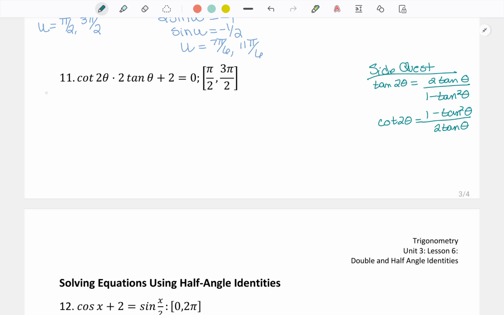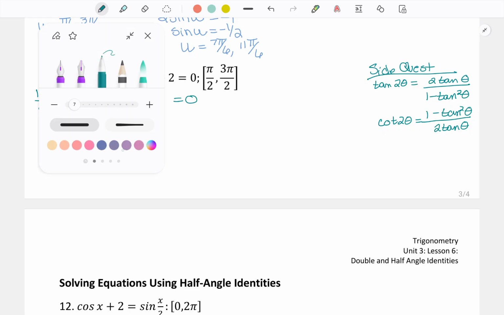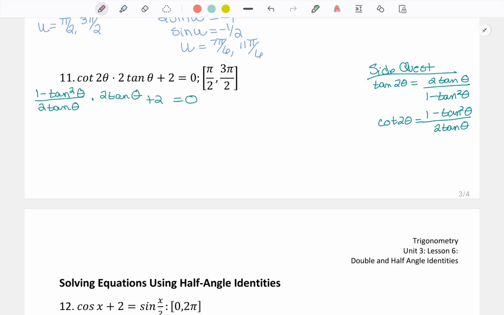So we are actually going to use that because it's just the reciprocal. So we're going to have 1 minus tangent squared theta over 2 tangent theta times 2 tan theta plus 2 equals 0. And what luckily happens for us is that we can multiply and get rid of that fraction because the two tan thetas will cancel each other.